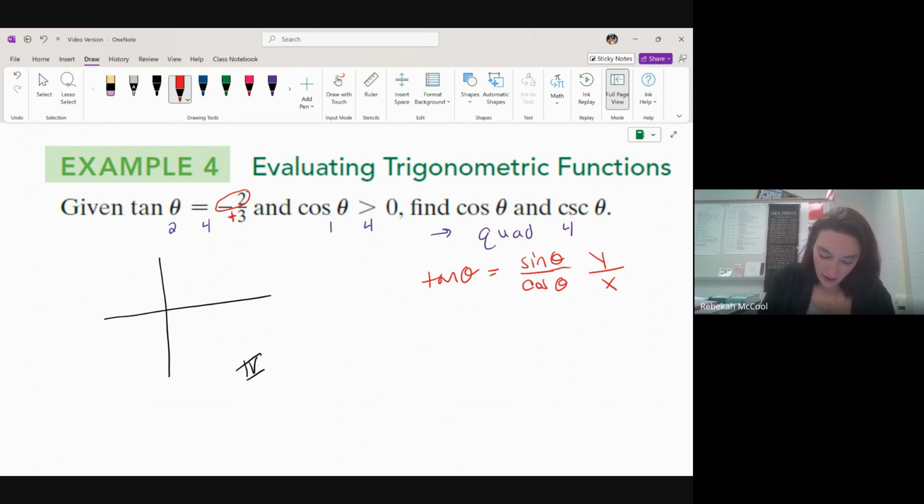Our x value is a positive 3, and our y value is a negative 2. So drawing that in, we've got negative 2 and a positive 3. We've got our angle there.